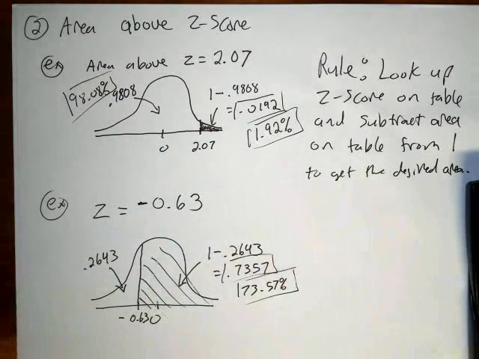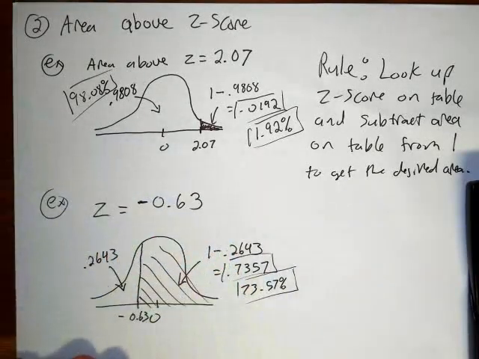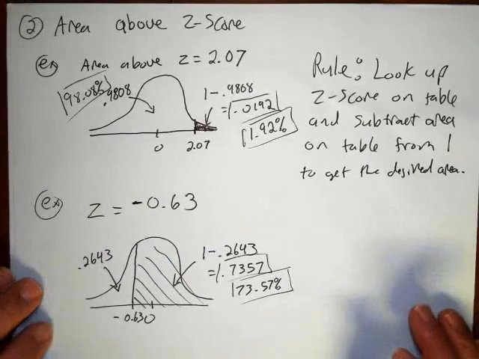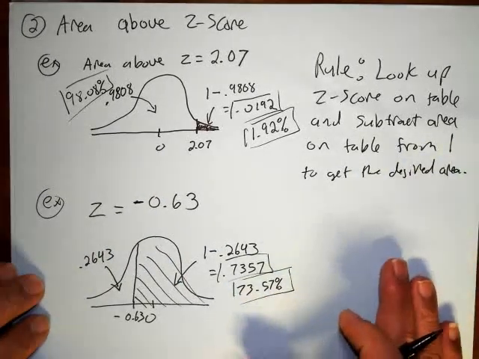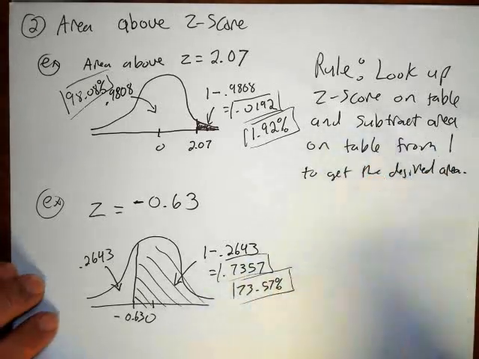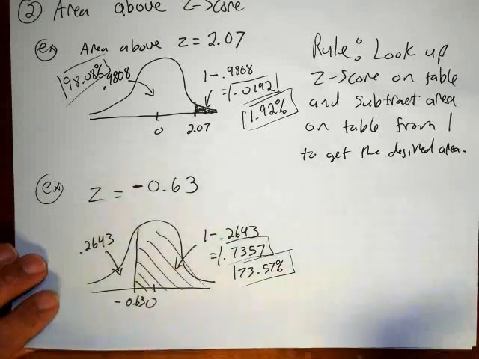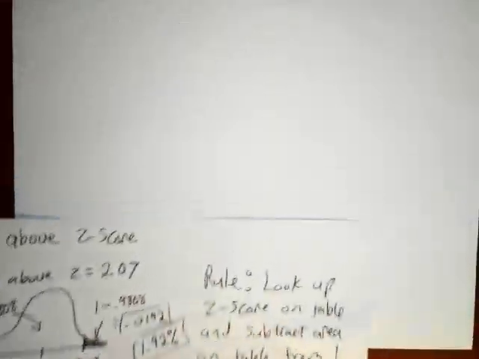That would be the percent of the population that lie above that particular z-score. Okay, so that's the area above. What you're going to do is look it up and then subtract what you get on the table from 1 to get the area above. The table will always give you the area below. To get above, you have to subtract from 1.